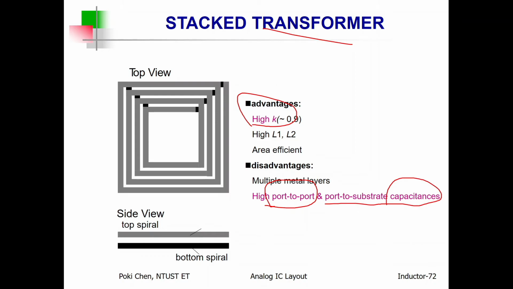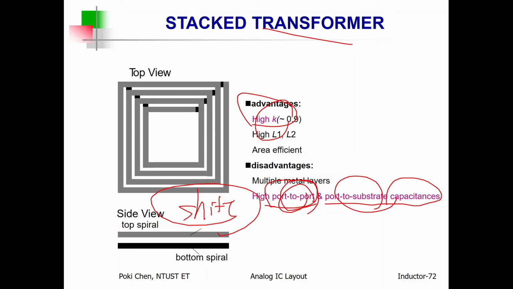Again, nothing is free. To increase K, you will also increase port-to-port and port-to-substrate capacitance. Again, how to reduce the port-to-port capacitance? Shift, wire shift. That is what you need to consider.